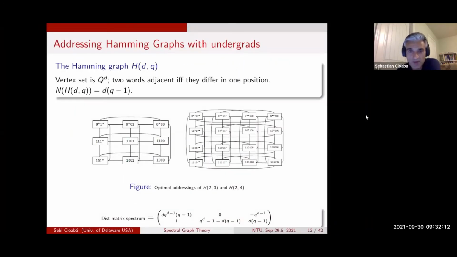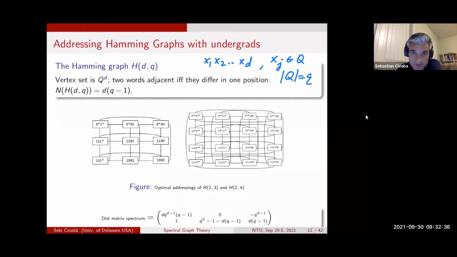In the Hamming graphs, the vertex set is a generalization of the cubes. The vertex set is a set of words of the form x1, x2, ..., xd, and all these entries xj come from an alphabet Q, and the cardinality of Q is q.